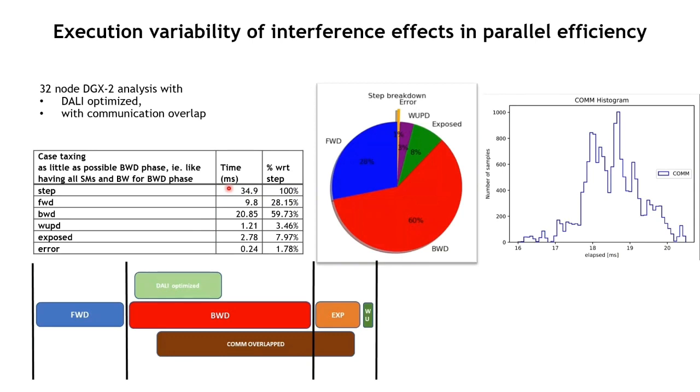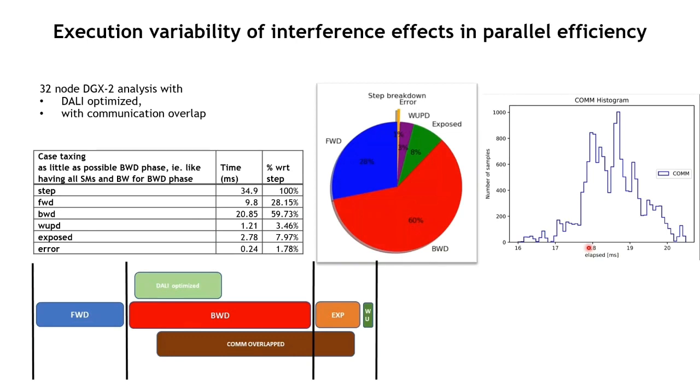In this case, we can see in the histogram the distribution of the communication time, which fits with the allowed budget of the backward stage. If we add the backward stage plus the exposed time, we have 20.85 milliseconds plus 2.78 milliseconds equals 23.63 milliseconds, and the communication mode is around 18.5 milliseconds, well within that budget.